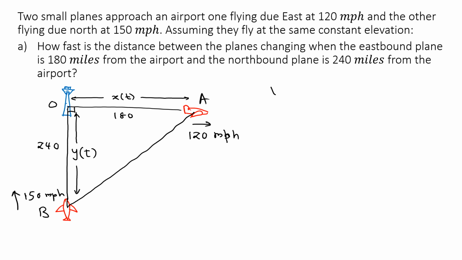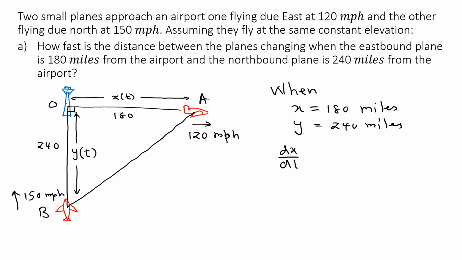So we know that when x equals 180 miles, and when y equals 240 miles, it's always a good idea to understand what we have. We know that it's given that dx/dt, the eastbound speed, is going away, which means the distance is increasing, so that is plus 120 miles per hour.